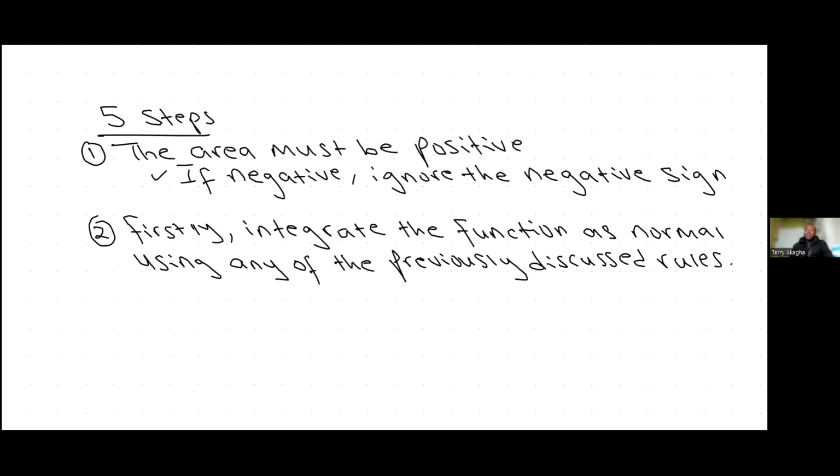Number 3, now after you're done with that, the next thing you do is that you substitute the upper limit into the integral expression from step 2 and have a value. Let's call the value y1. Is that okay?